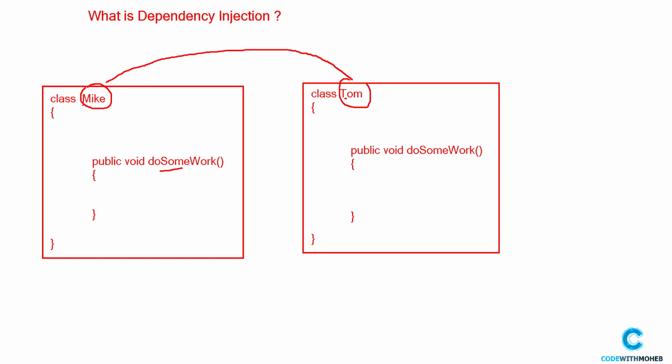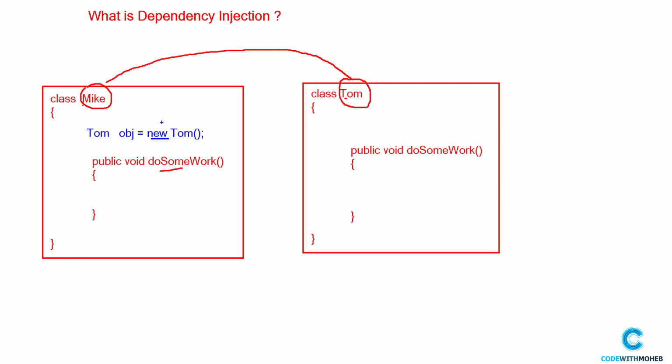If you revise the video, I talked about loose coupling and tight coupling. This class is tightly coupled with Tom if we create the object of Tom inside my class, using the new keyword: Tom obj = new Tom(). We are creating an object of the Tom class using the new keyword. This is called tightly coupled.